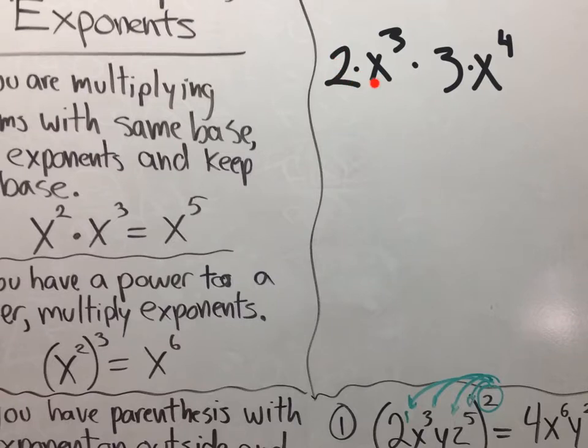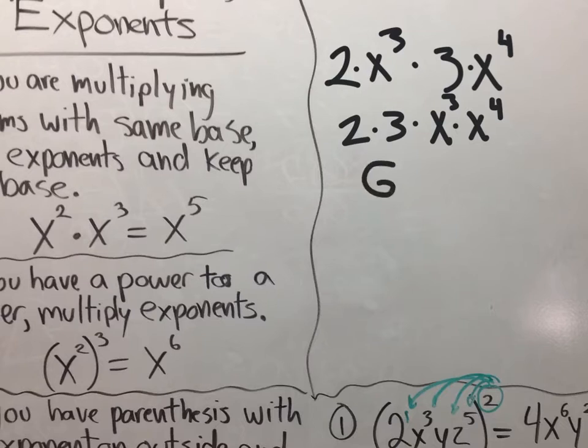In other words, even the 2x to the third is really 2 times x to the third. Even the 3x to the fourth is 3 times x to the fourth. So technically, I could rearrange this and make it 2 times 3 times x to the third times x to the fourth. Right? I could do that. And then I would get 6x to the seventh as my final answer.